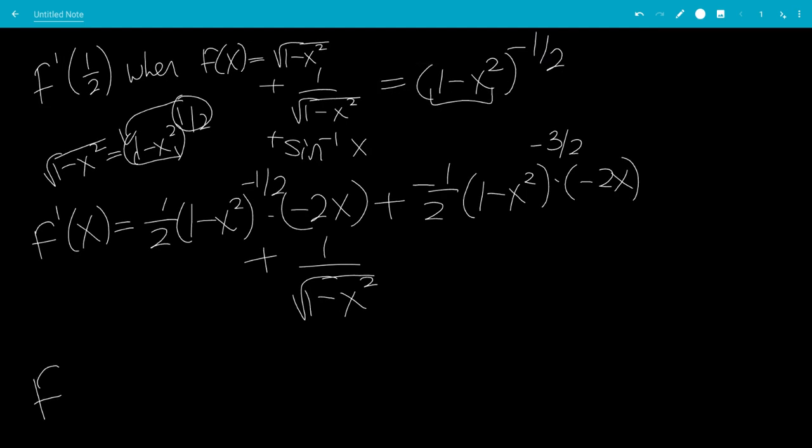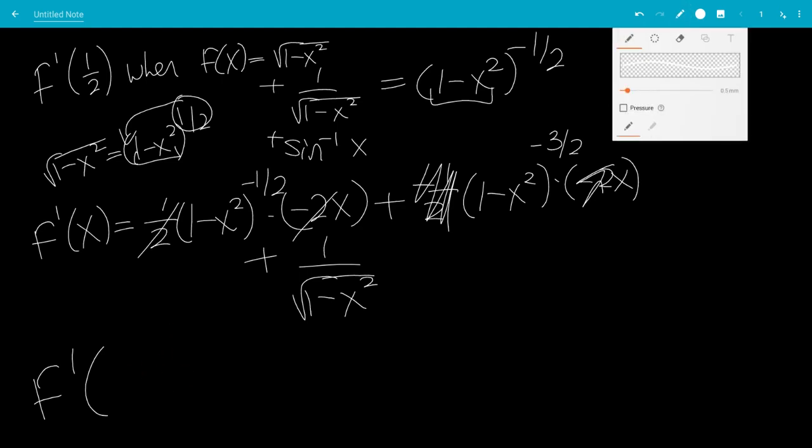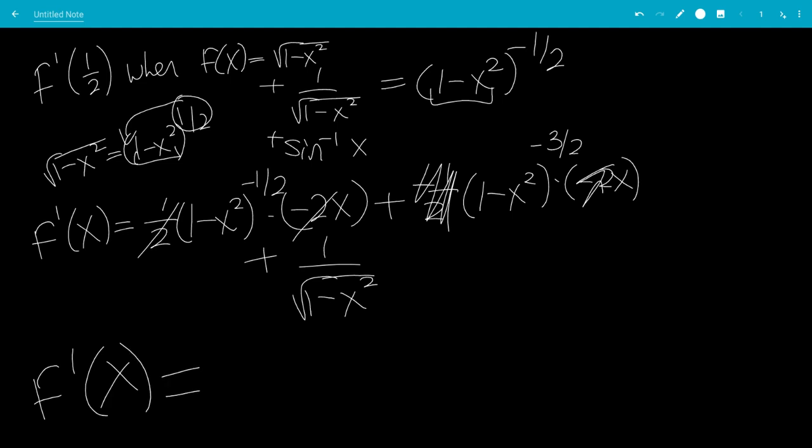So now we're going to plug in 1/2 into f prime. We can cancel some stuff out. So 2 over 2 will cancel. This negative 2 and this negative 1/2 will cancel. So I will rewrite f prime of x. This will be negative x over (1 minus x squared) to the 1/2, which we can rewrite as 1 over the square root of 1 minus x squared.